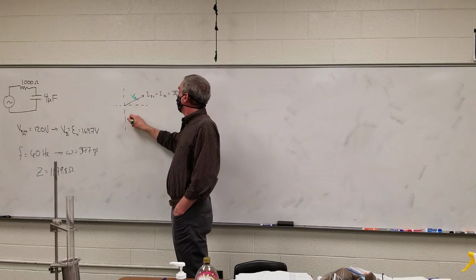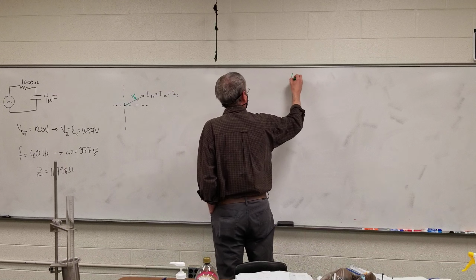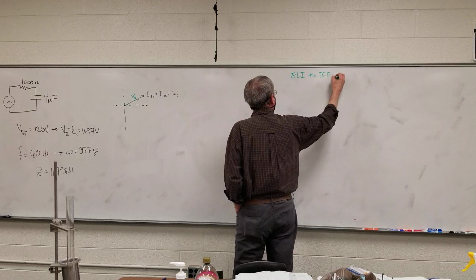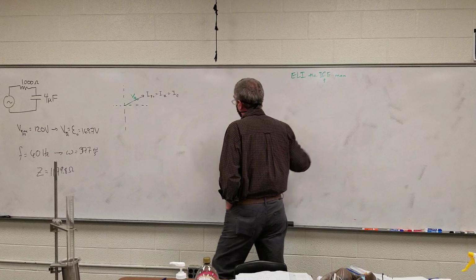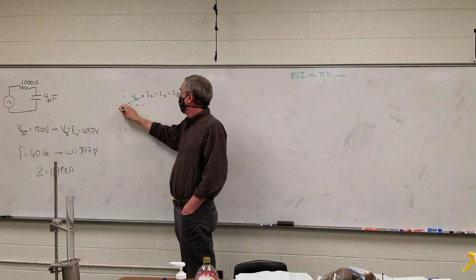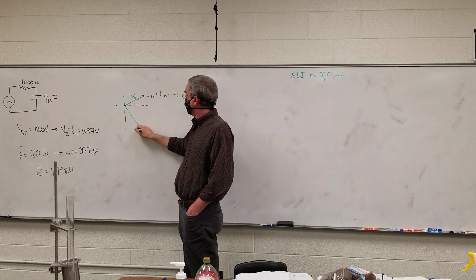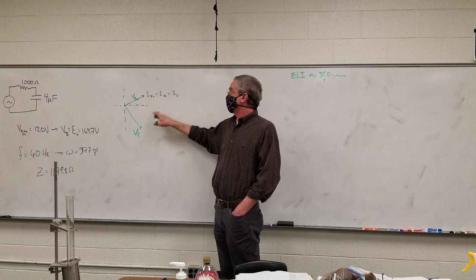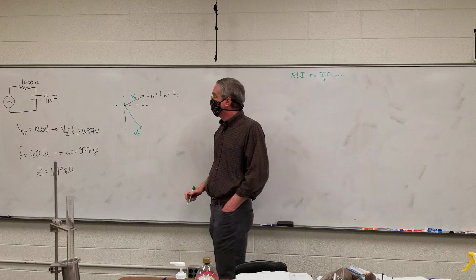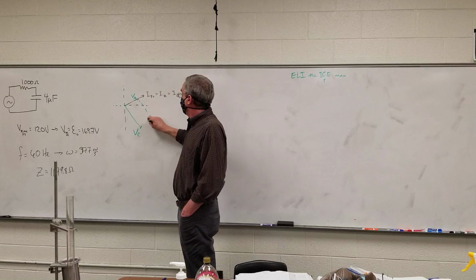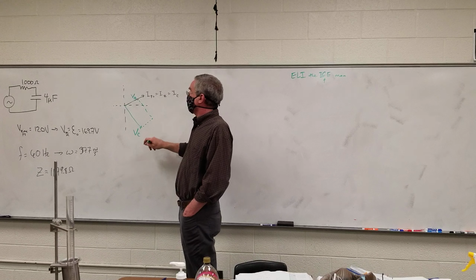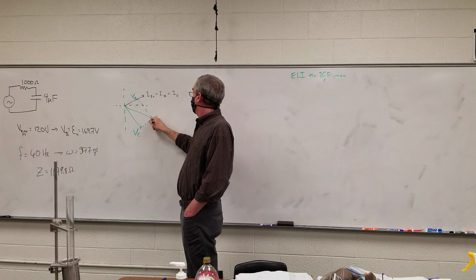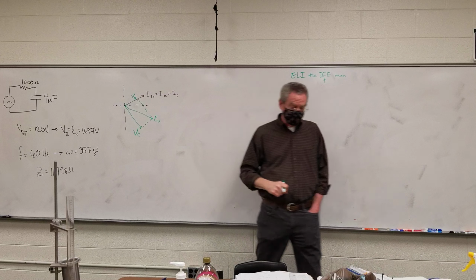So it'd be VR. And I know that for the capacitor, the current leads the voltage, or the EMF of the capacitor, so the capacitor is down here. Because there's the current for the capacitor, and so I come back 90 degrees, or pi over 2. And the voltage across the resistor plus the voltage across the capacitor is the voltage of the power supply. And so there's the phasor for the power supply.